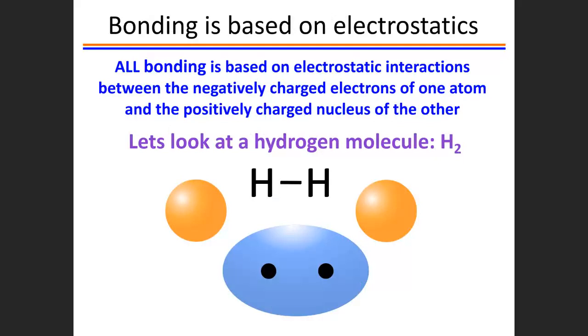Okay. Now, all bonding is based on electrostatic interaction, as I said: the negatively charged electrons of one atom and the positively charged nucleus of the other. If we have an ionic compound, someone is giving, someone is taking, and their charge is nullified, and they do it the short, straightforward way. But here we go for the covalent.